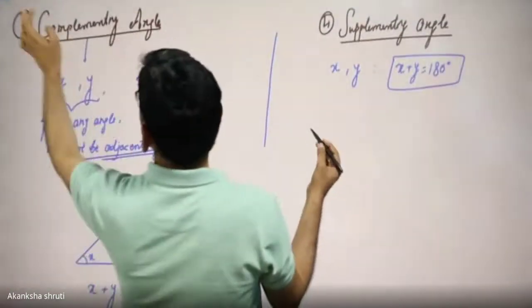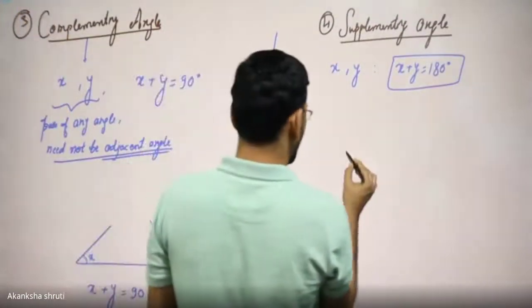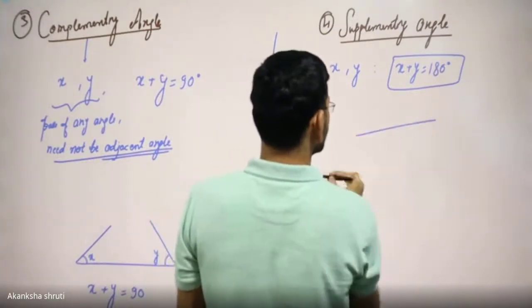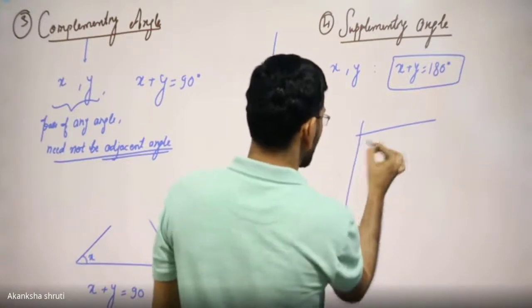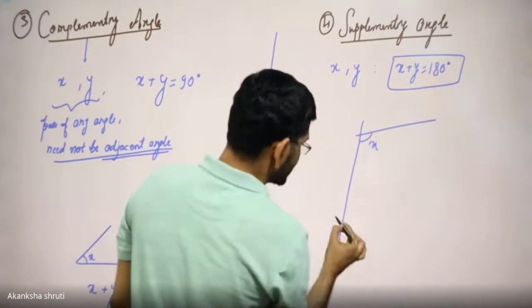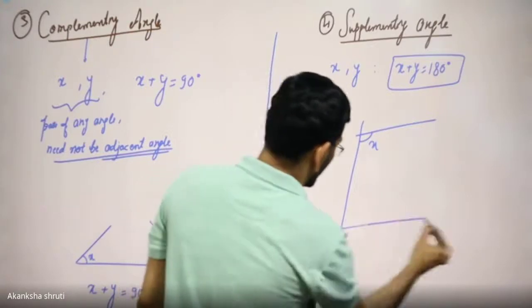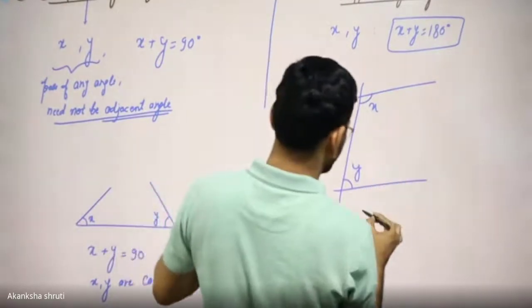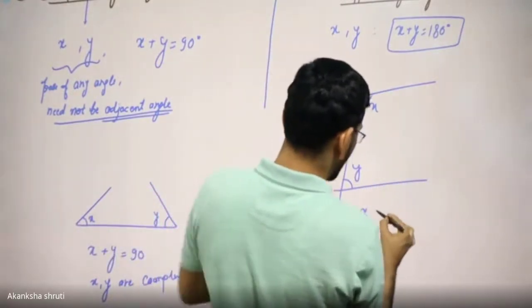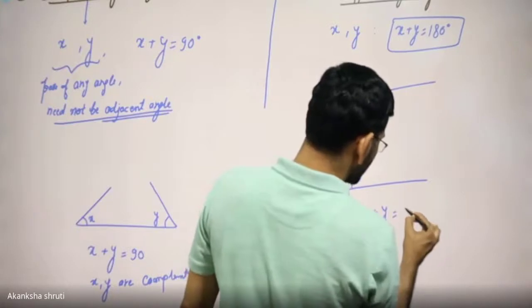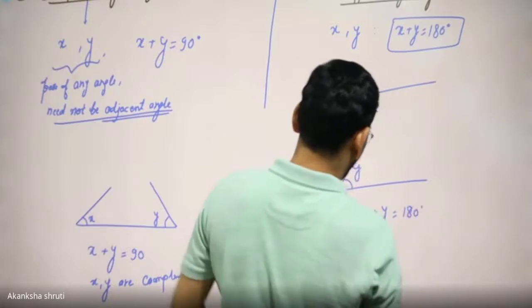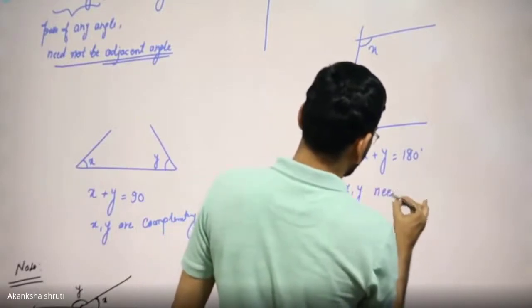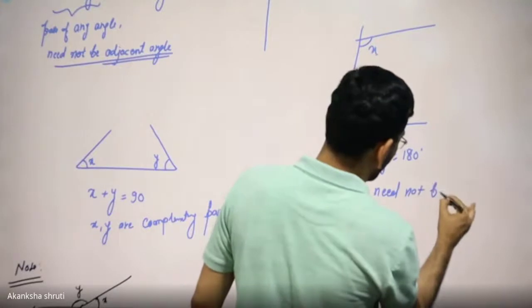So right here, if we are taking any two angles, consider one angle as this one, X, and this angle as Y. These are two different angles, meaning they are not adjacent, but their sum is 180 degrees. So here X and Y need not be adjacent.